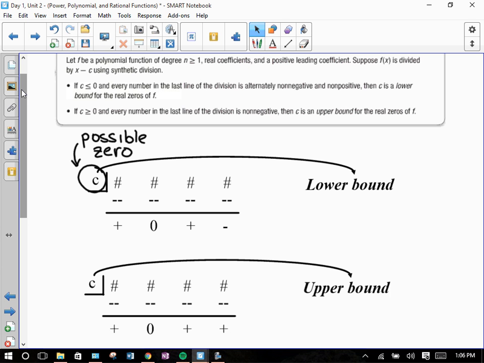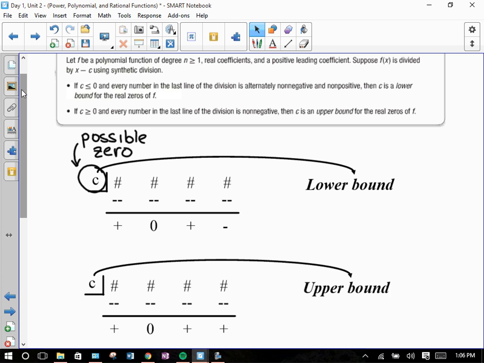So what this says is, if you do synthetic division and you come down here and it goes positive, zero, or positive, not positive, positive, not positive, so if it alternates that way, then that means that it is a lower bound.